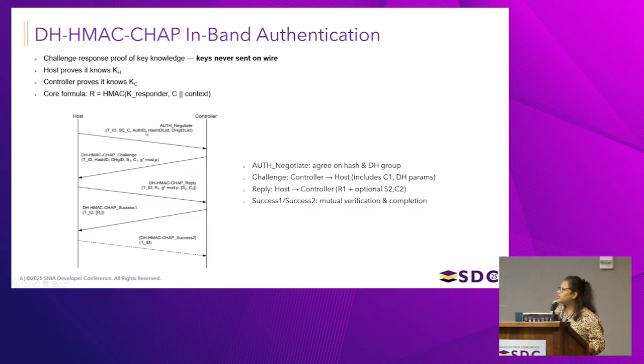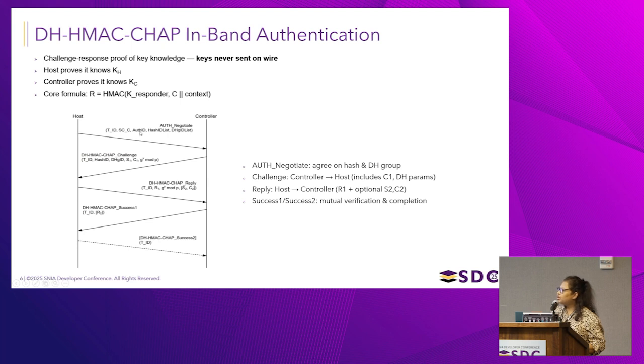So in the auth negotiate phase, the host will send a couple of parameters. The most important ones are the transaction ID and the authentication ID, like what protocol we will use to authenticate this entire transaction. So the auth ID will essentially be DH-HMAC-CHAP, because that's the one currently defined in the spec.